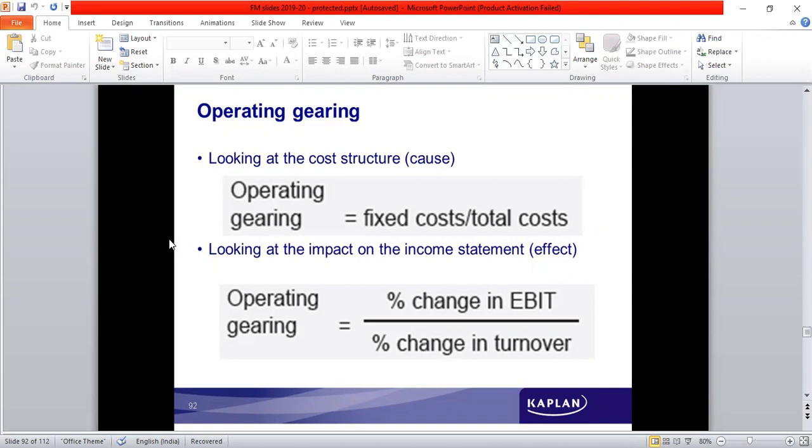So out of the total cost, what is the percentage of fixed cost? That's one way. Or we just find out the proportion of fixed cost and variable cost. So that is operating gearing.